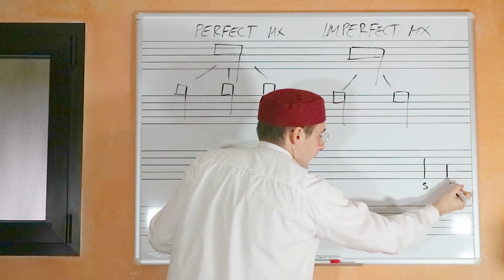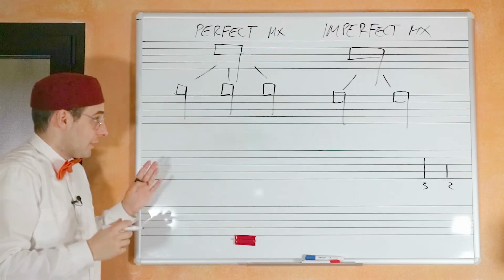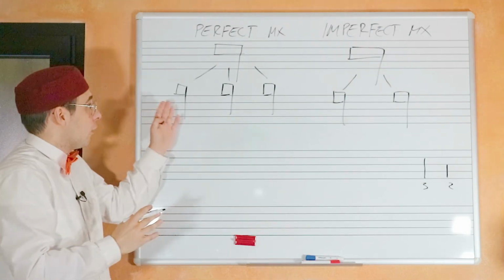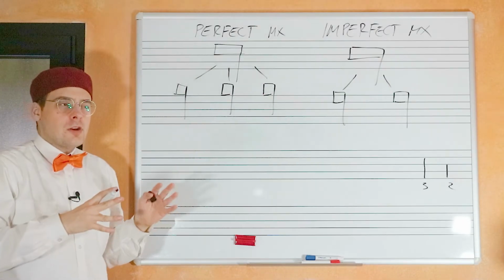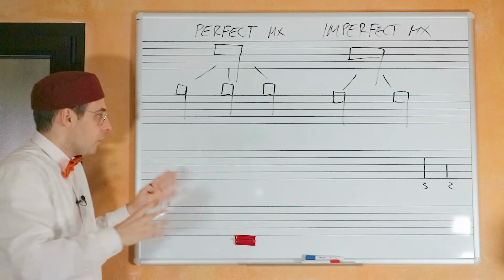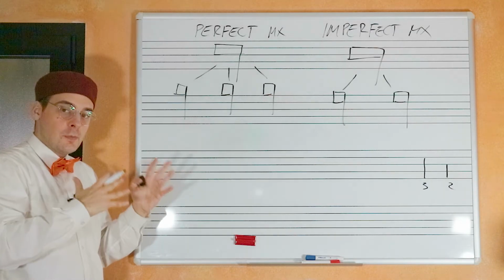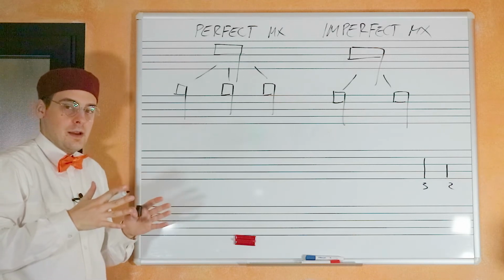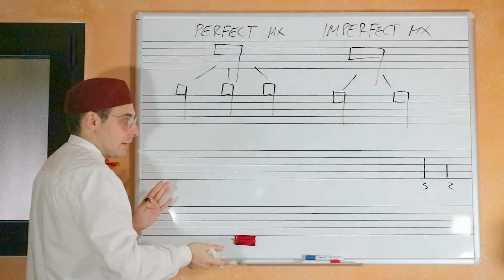3 perfect, 2 imperfect. Now let's consider the case in which the maxima is perfect, because now we know that the maxima is perfect, but not how the longa is. So now let's consider the case in which the longa is perfect. The perfection or the imperfection, in this case the perfection of the maxima, is determined by the number of vertical lines.